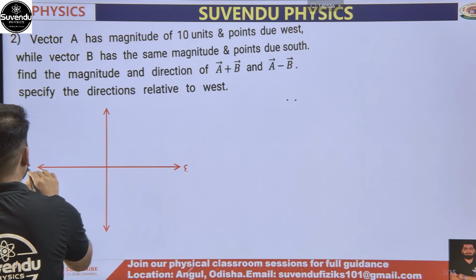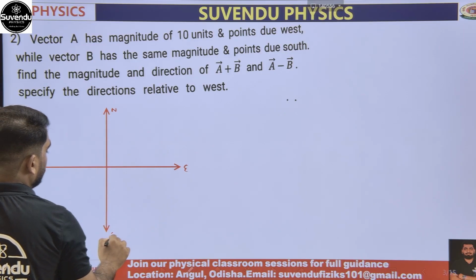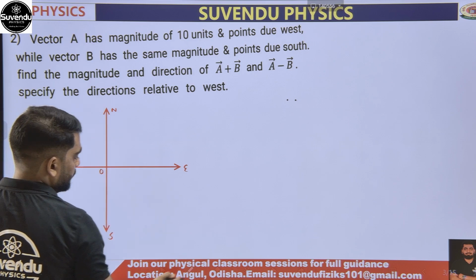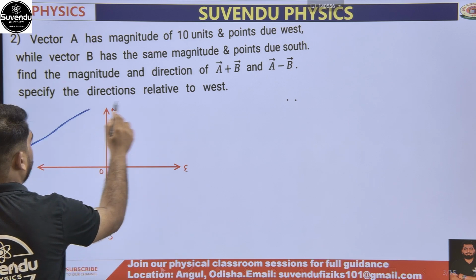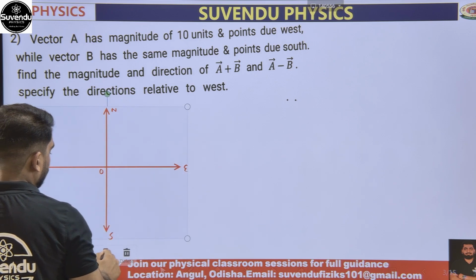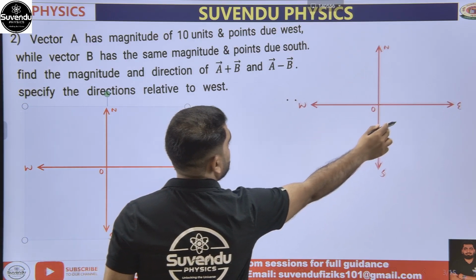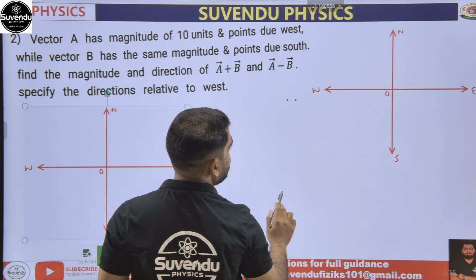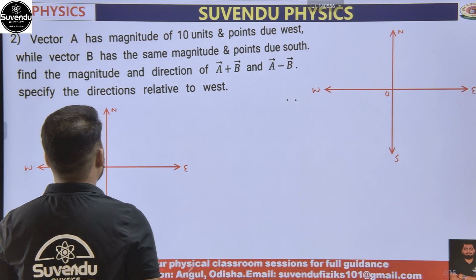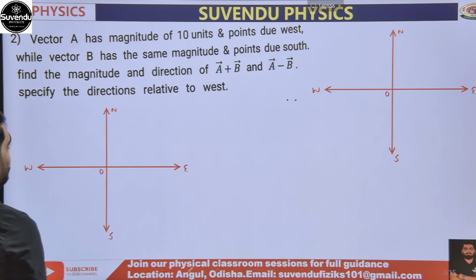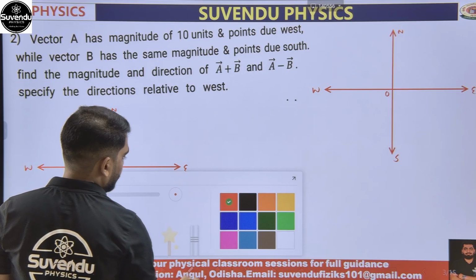This is east, west, north, south, and this is your origin. Look at the figure. A vector has a magnitude of 10 units and points due west.